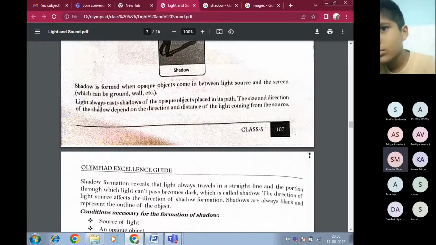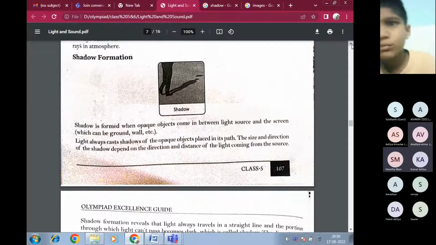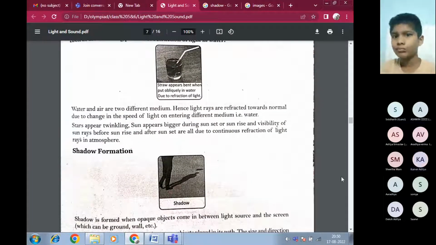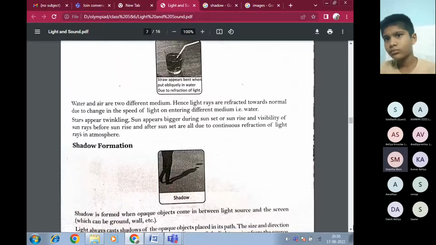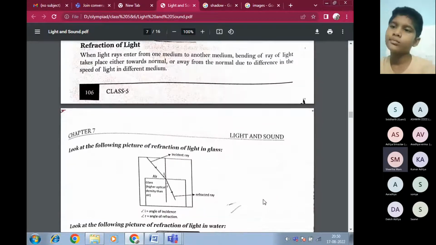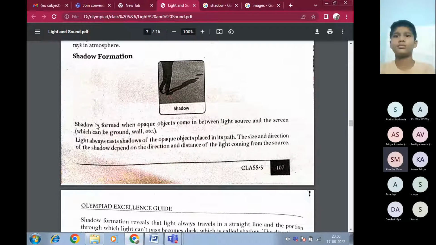So you can write the definition of this here. Shadow is formed when opaque objects come in between the light source and the screen. Did you make a note of this?